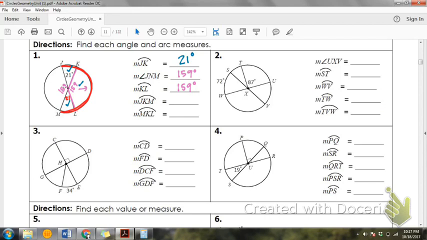So if I want to find out how much that big arc is, I can add all three of those angles together. Okay, so we'll do 21 plus 159 plus 21 gives me 201 degrees, which is okay because remember the whole thing is 360, so I haven't gone over what I need to. 201 is JKM.